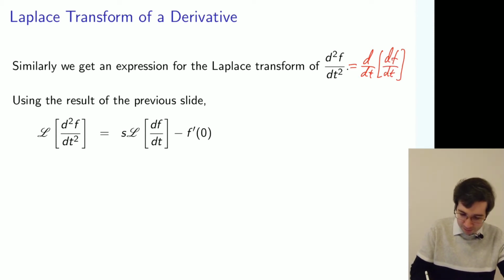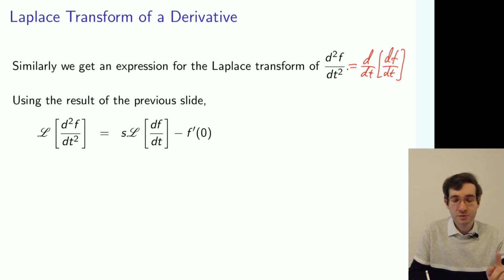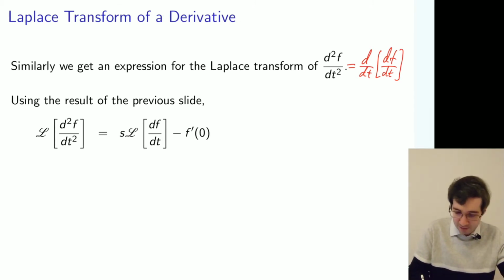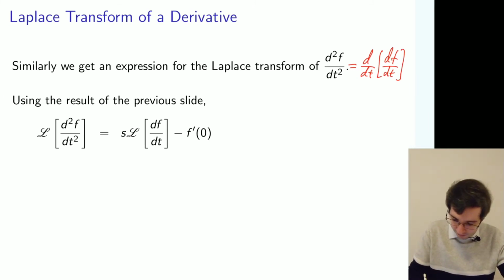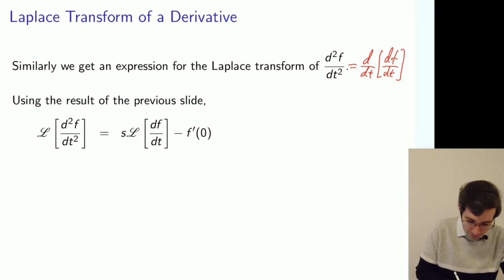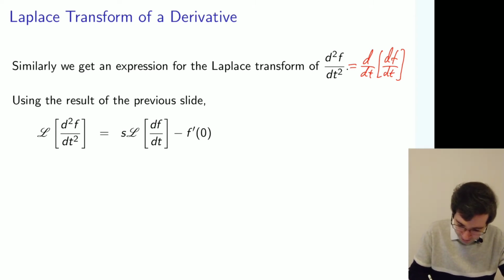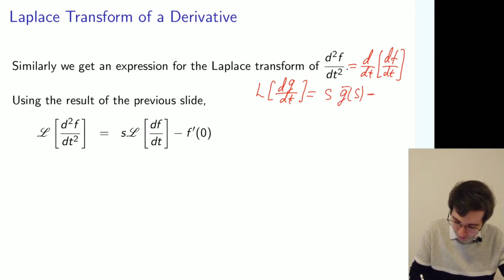So there's a derivative of a derivative. And if we apply that rule, as we've seen previously, treating this as effectively another function, we can use this formula, which we've seen: the Laplace transform of a derivative, let's say of a different function dg over dt, is s times the transform of g minus g at 0.